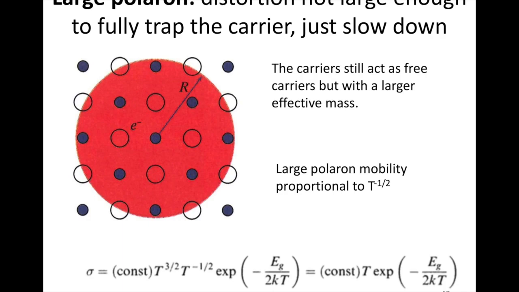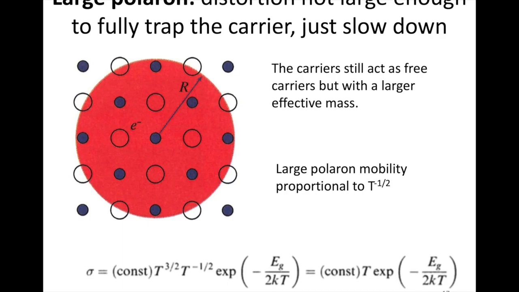So effectively, if we were talking about an electron, we know the mass of the electron, but when it moves through a lattice, the effective mass of that electron becomes larger from those interactions. So in essence, this large polaron is the mechanism by which that effective mass increases.